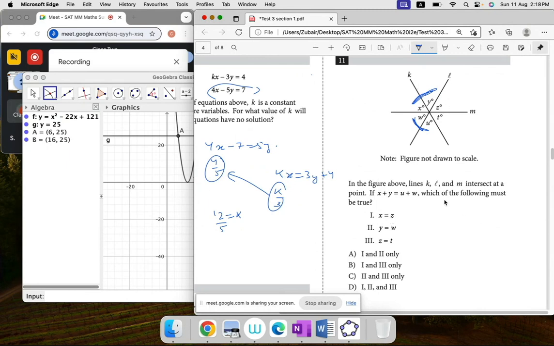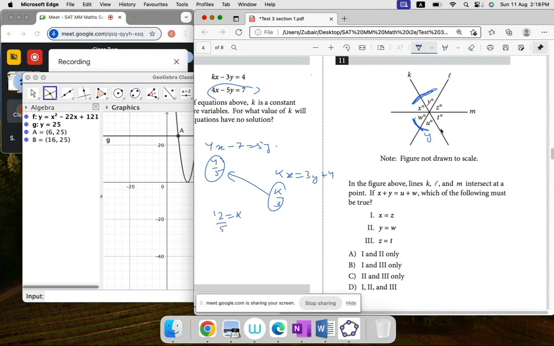But if these are straight lines intersecting, they should be vertically opposite as well. X would only be equal to z if the two lines were perpendicular, right? Or perpendicular, never mind. It still wouldn't work.